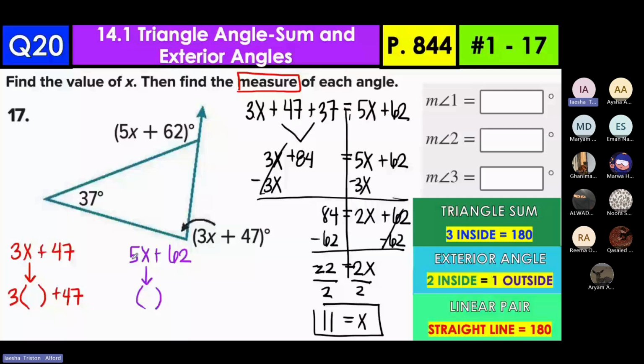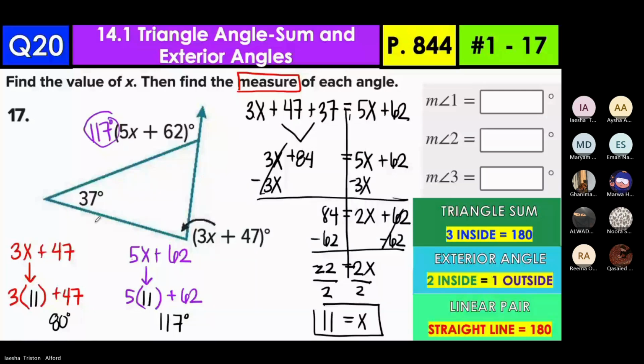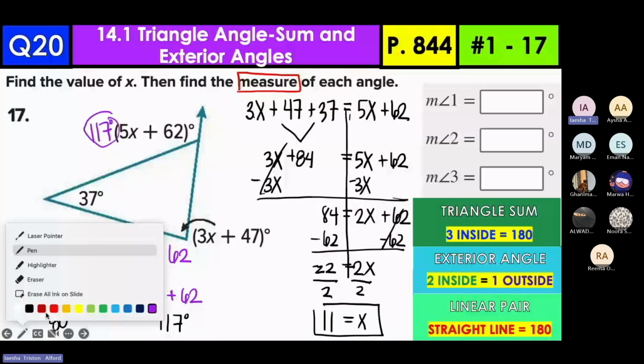The 5, keep it here. Plus 62. Inside should be 11. If you solve, this one should be 80 degrees, and this one should be 117 degrees. Add it to your picture. This one is 117, and this one is 80 degrees.